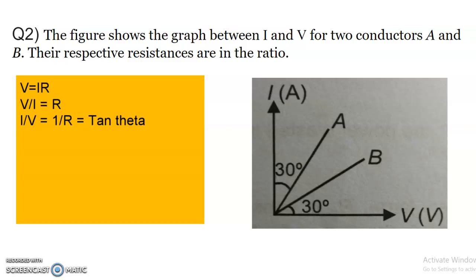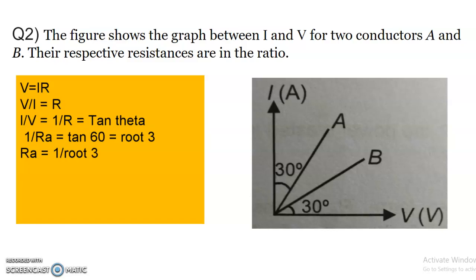Alright. Now if we are going to find the resistance ratio, let us start by writing 1 by RA, which will be equal to tan of theta. For RA, the theta is 60 degrees, which is 90 minus 30 degrees. So it will be tan 60, which gives us root 3. Now RA will be 1 by root 3.